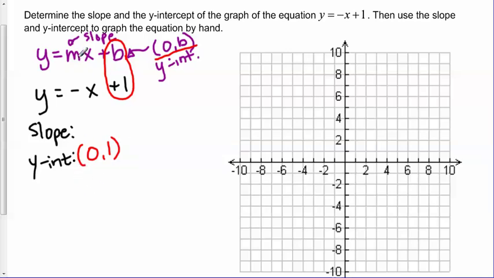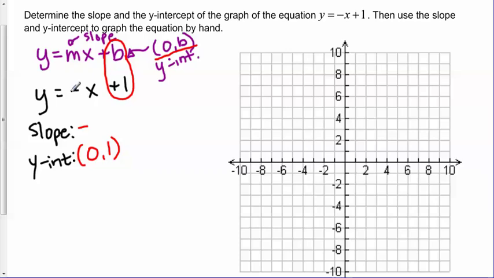Now, the problem is it looks like the slope has gone missing. All I see that's here in front of this x is this negative sign. And we certainly don't want to just say that the slope is negative, like that's not a number, that doesn't tell us anything. So what we have to think about is what number is understood to be here in front of the x, even though it doesn't show.